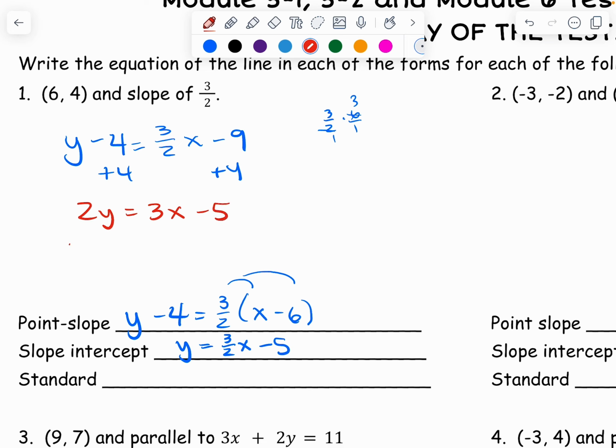I subtract the 3x to this other side. Oops, I forgot the 2. y equals negative 5. But I don't want that to be negative, so I'm going to multiply everything by negative 1 and get 3x minus 2y equals 5.